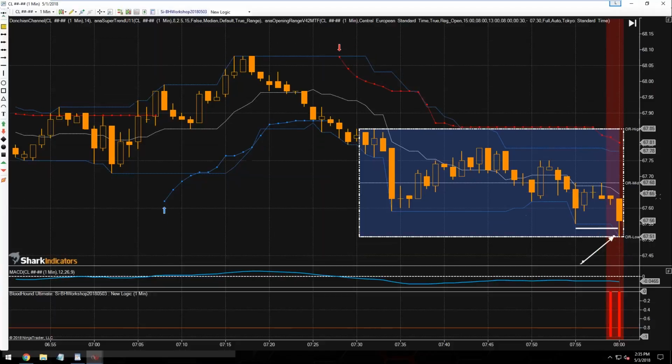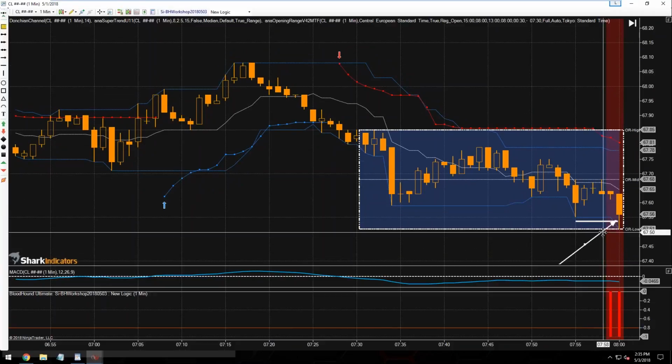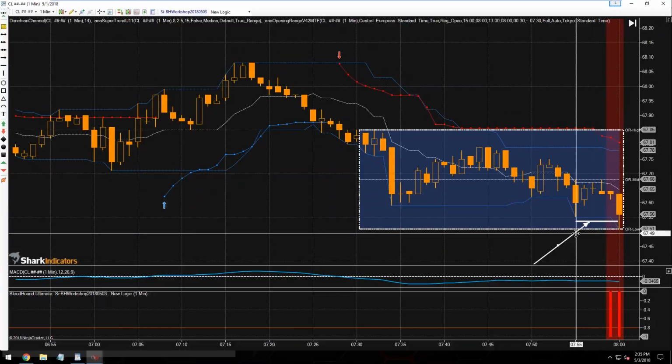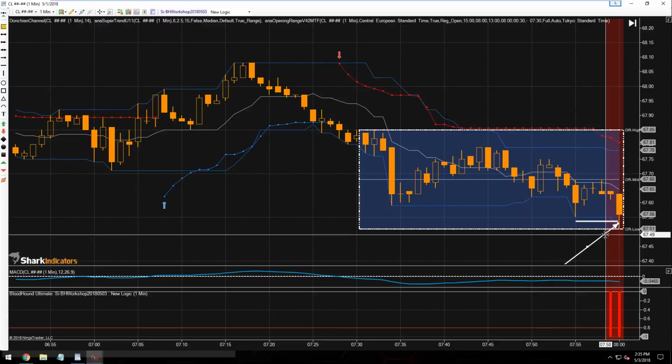So we can see that the order was placed too early, right before the range had time to finish developing, and the short entry order would have been picked up incorrectly.